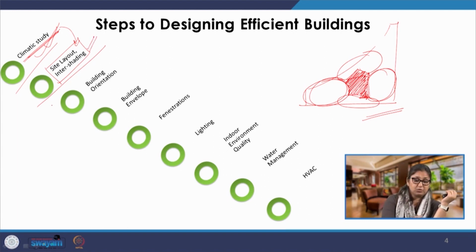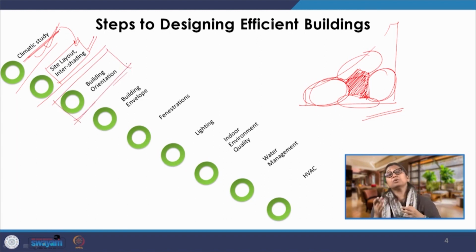Then we move on to building orientation, how the building has to be placed. Different orientations have different impacts. What is the longer side facing? Do we require a lot of south side facing? Now, it also depends upon which hemisphere of earth we are in. If we are in northern hemisphere, we know that the sun predominantly comes from the southern side.